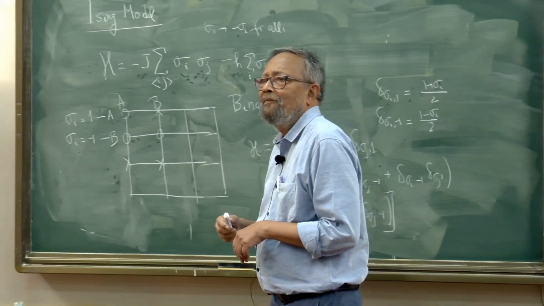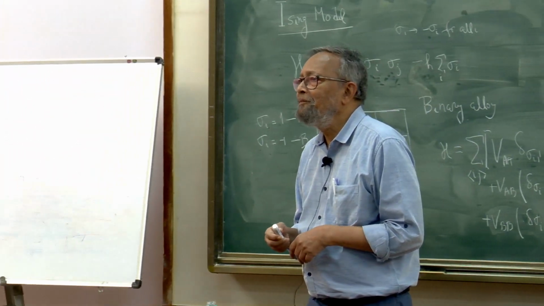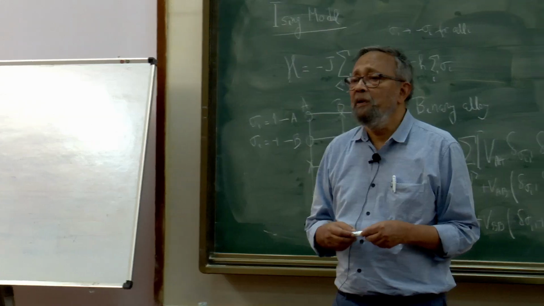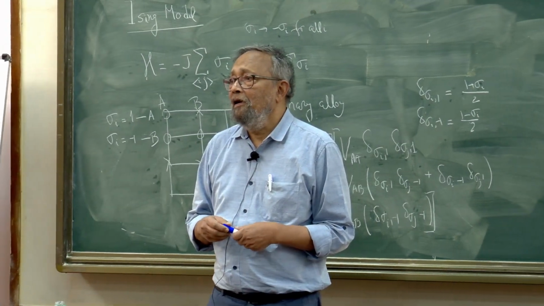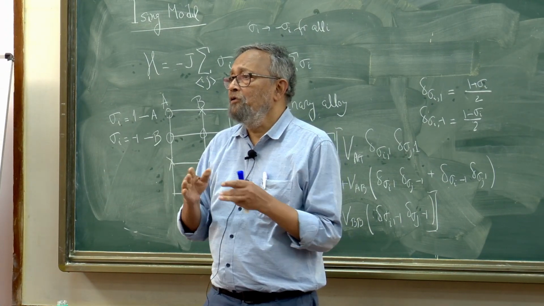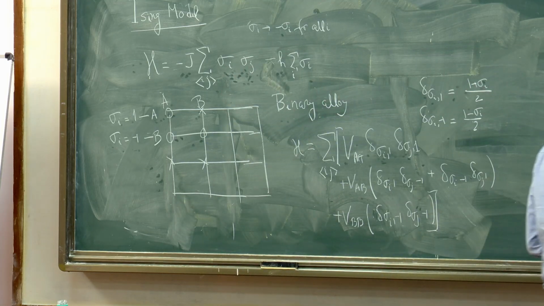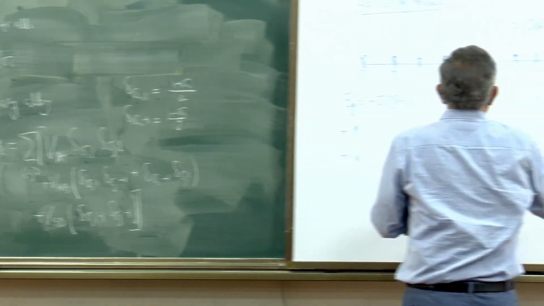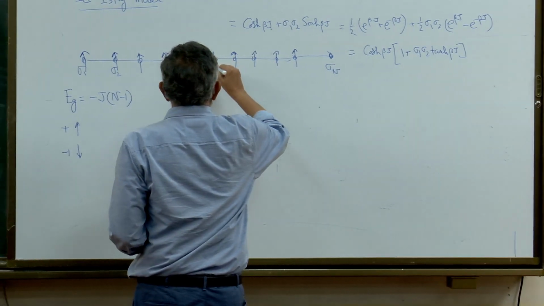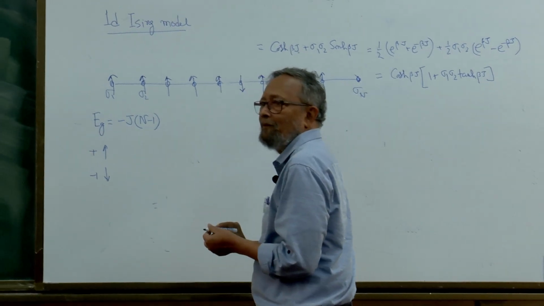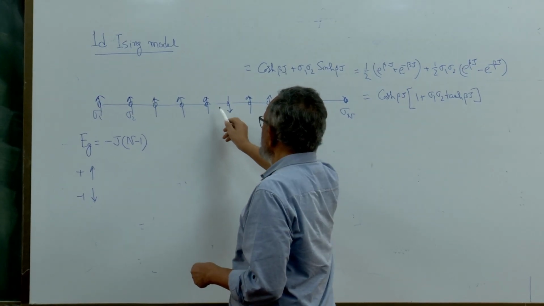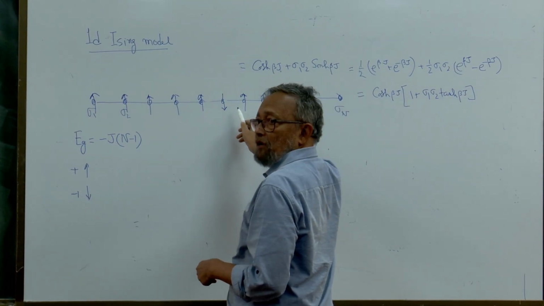Flip any spin? That is not good, because then two bonds are broken. It's a good idea to think about this. If I do this, then there is a plus minus in this bond, plus minus in that bond.